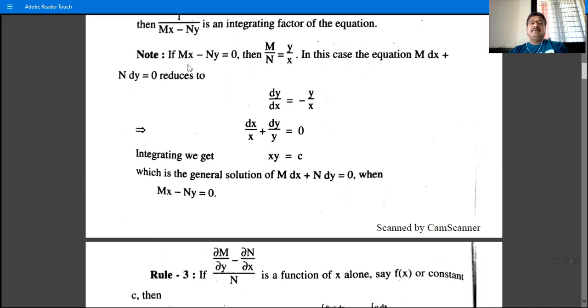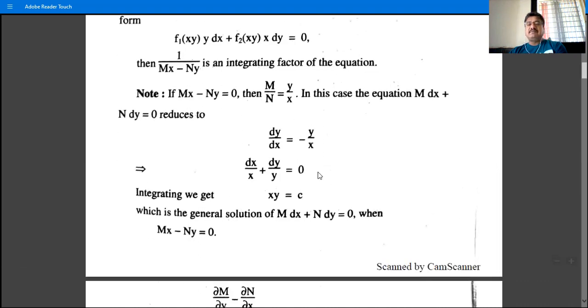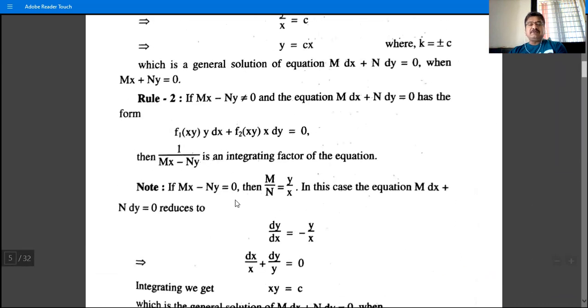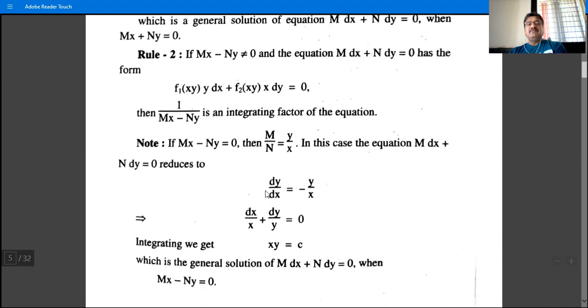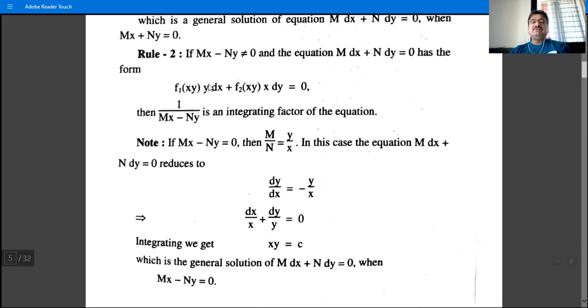We know that if Mx minus Ny is 0, then M by N is y by x, and from M dx plus N dy, we have dy by dx is minus M by N, that is minus y by x. So separating the variables and integrating, we have a very easy answer. But if Mx minus Ny is not equal to 0, then 1 by (Mx minus Ny) is an integrating factor of this type of differential equation.